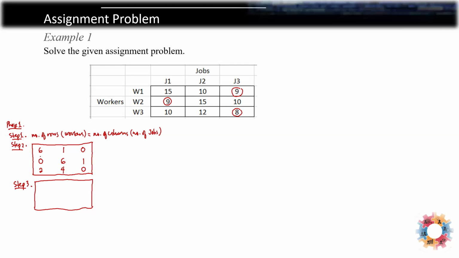That means starting from the first column, we identify the smallest value, then subtract each entry by that smallest value. Now, the smallest value there is 0, so nothing can be subtracted. In the second column, the smallest value is 1. And in the third column, there are 2 zeros, so either of them can be used.